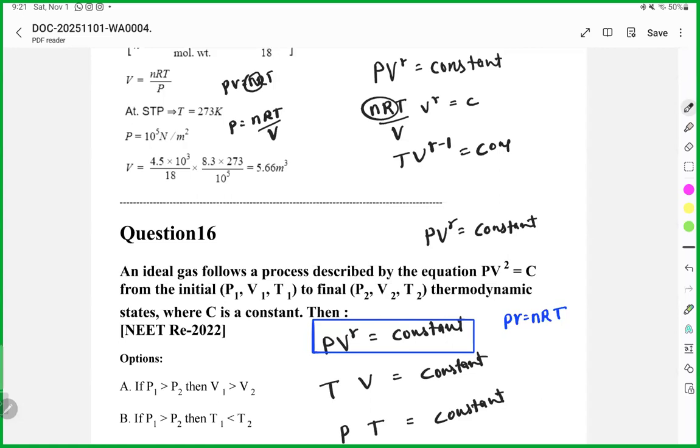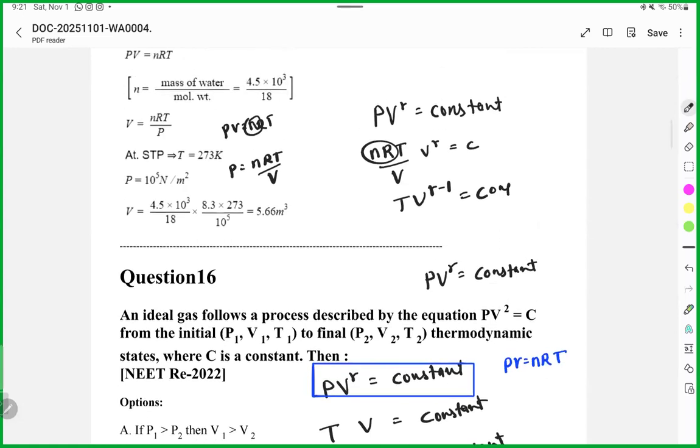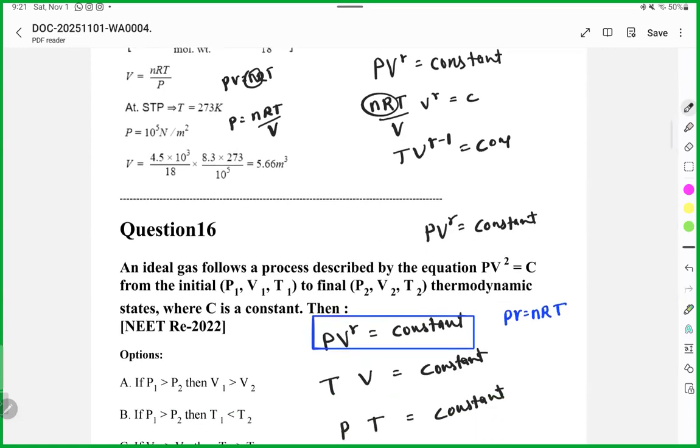Everybody understood this? So here, yes sir, T will be same. This is gamma minus 1. What is the gamma value here? 2. What will be gamma minus 1 value? 2 minus 1, 1.